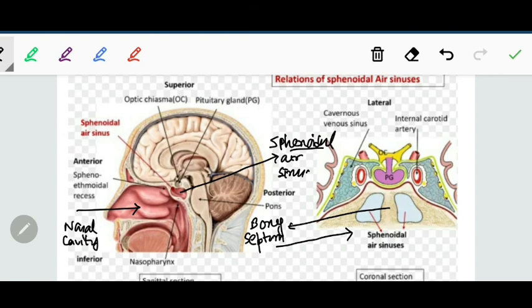Now regarding the relations, above the sphenoidal air sinus are the pituitary gland and optic chiasma. Below is the roof of the nasopharynx. Nasopharynx is the space behind the nasal cavity.